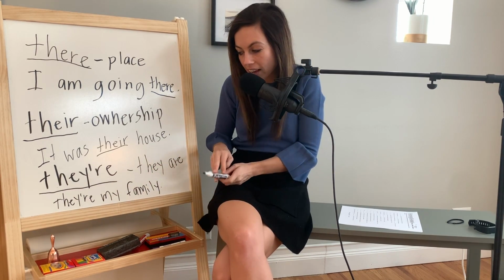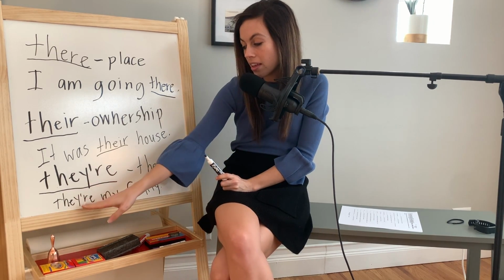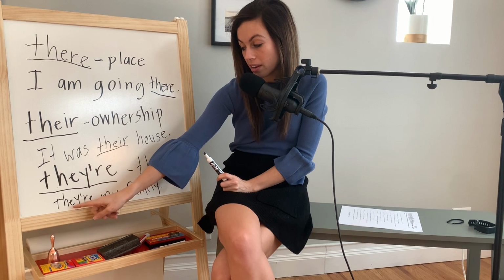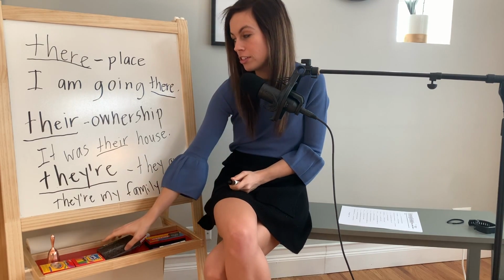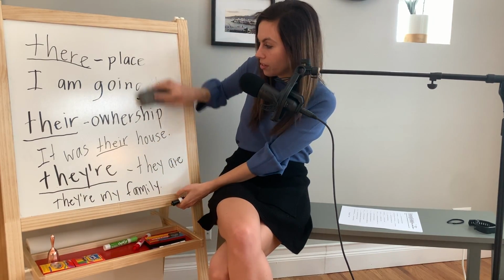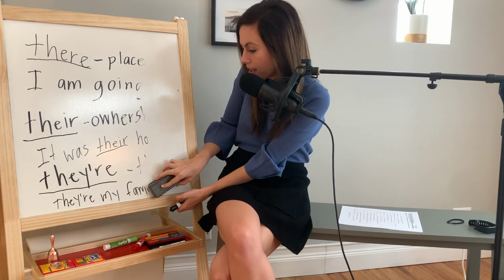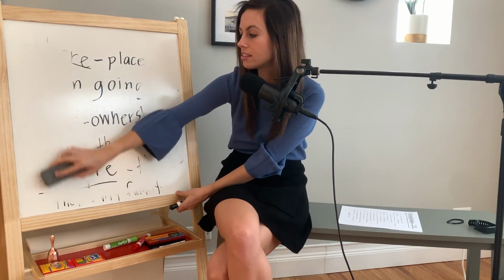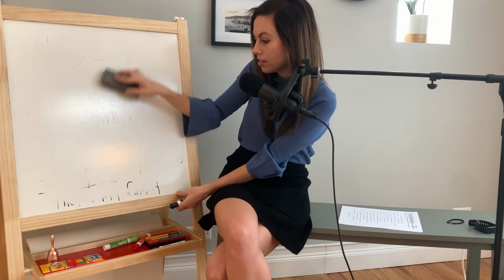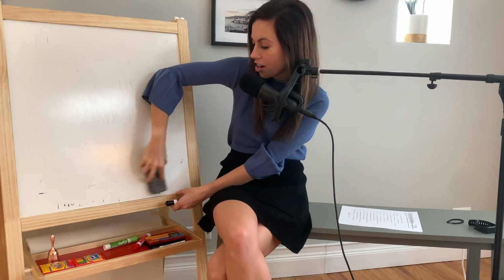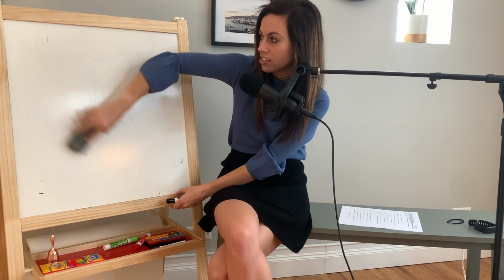So you can always check to make sure if you have the contraction that you could put in they are to make sure it sounds right. Okay, so now what we're going to do is I'm going to give you a sentence and I'm going to need your help to figure out which there I need to use.